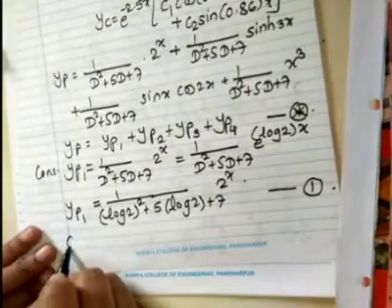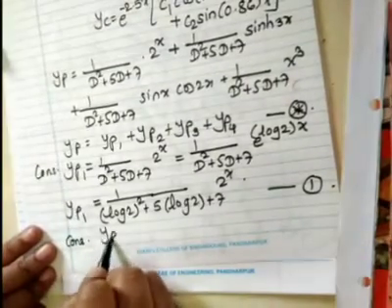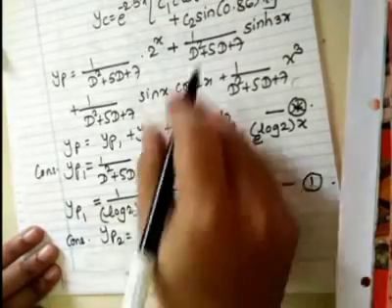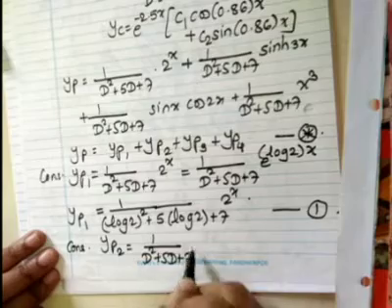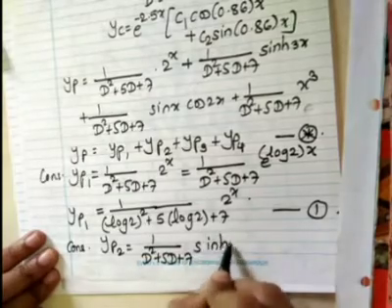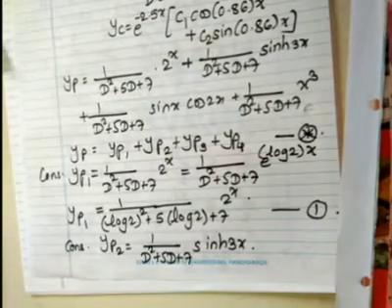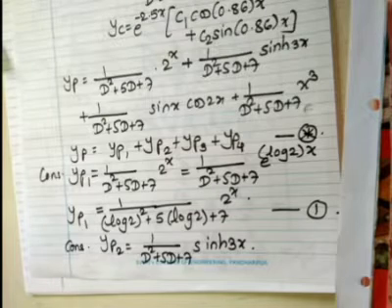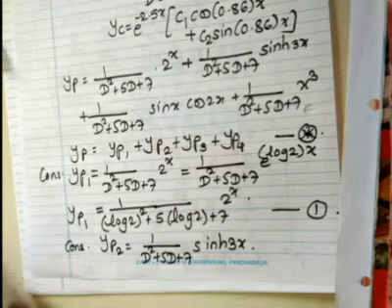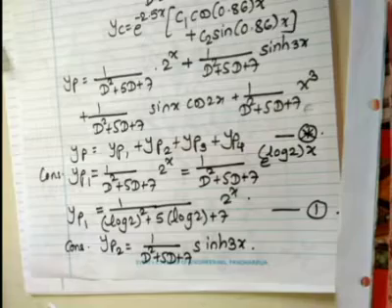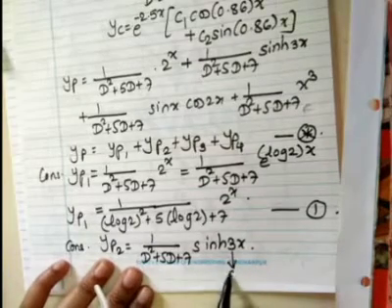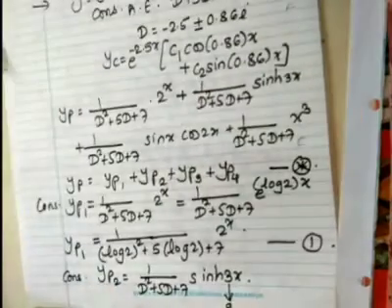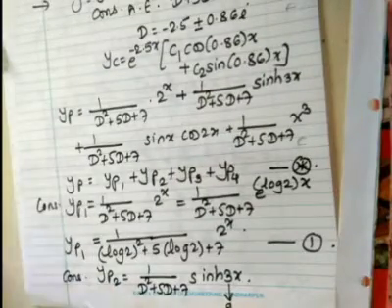Okay, we'll consider now the second, yp2, that is 1 upon D square plus 5D plus 7 into sine hyperbolic 3x. How do we solve sine hyperbolic? D square, the square of that number, we'll find, 9, and we will not give a negative sign for hyperbolic.